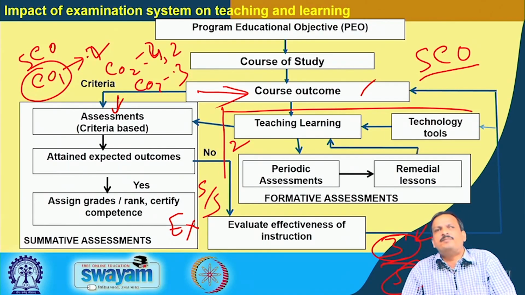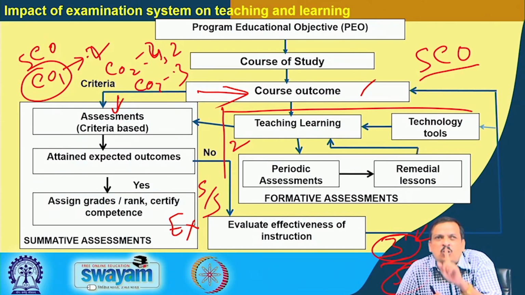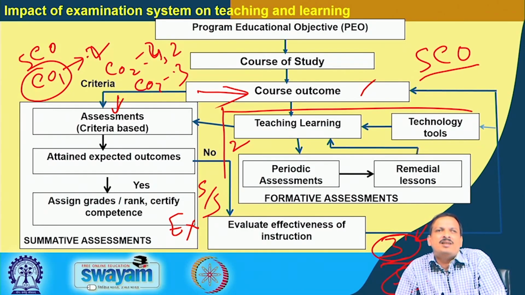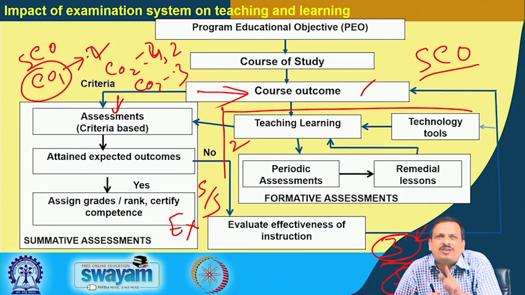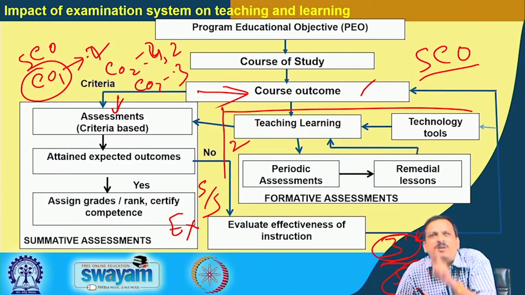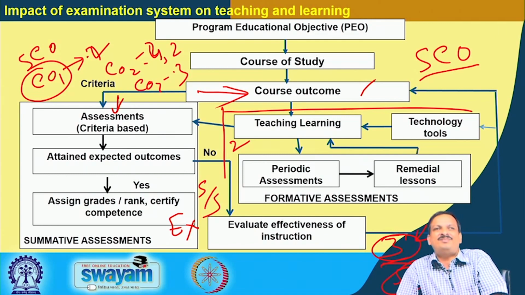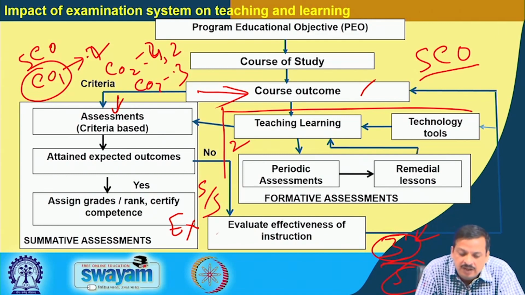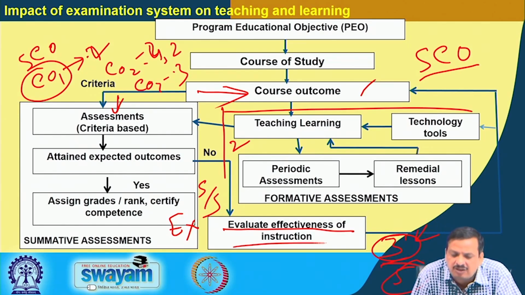What is the meaning? Either CO2 is not achievable, or the teaching-learning process which I am following is not perfect for achieving CO2. That is the feedback received by us as teachers. That is called evaluating the effectiveness of instruction.